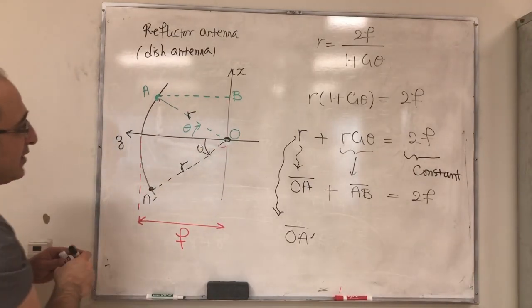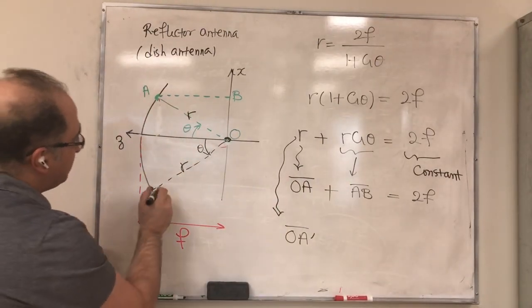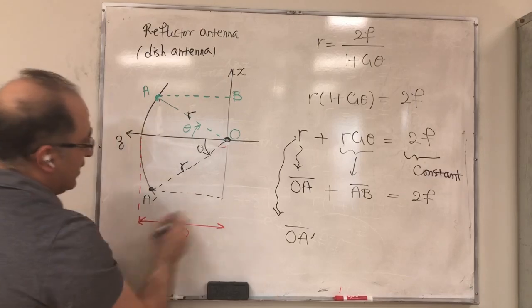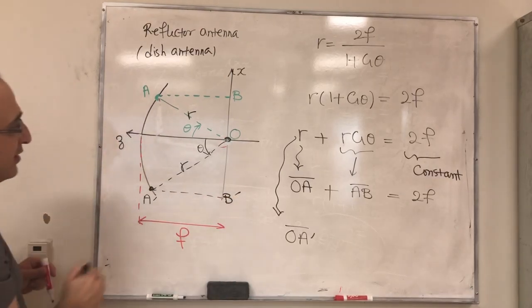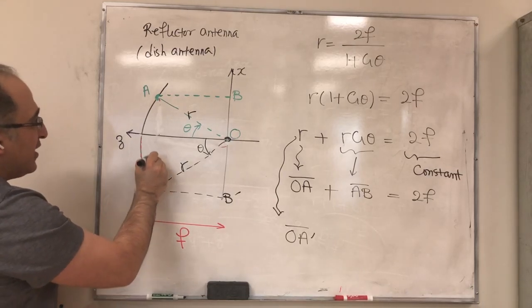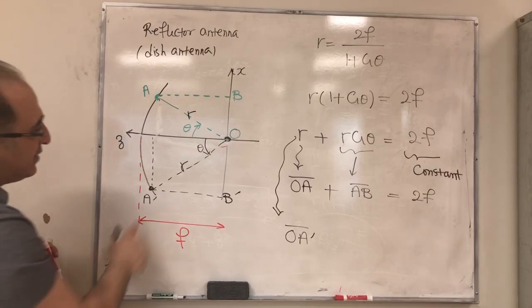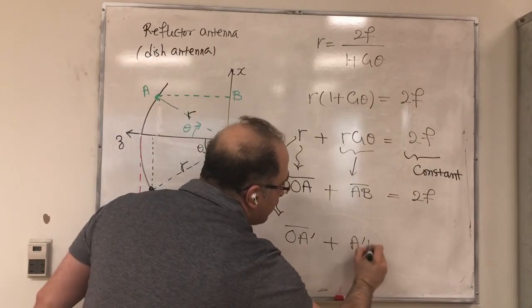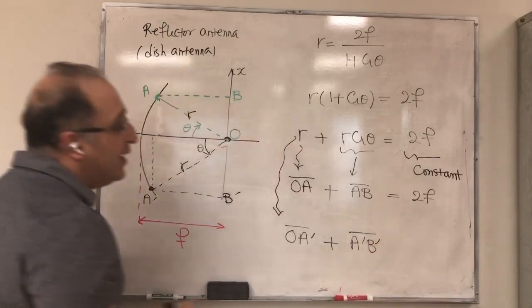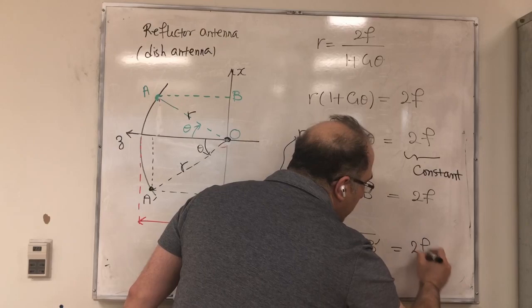And now r cos theta is going to be, with this being B prime, your new r cos theta, because if you project it here, from here to here is r cos theta, which is equal to A prime B prime. And amazingly, this is also going to become 2f.